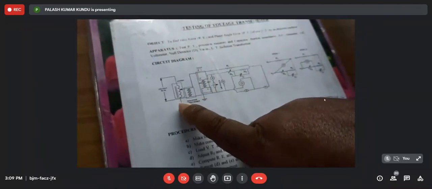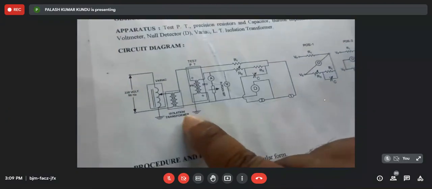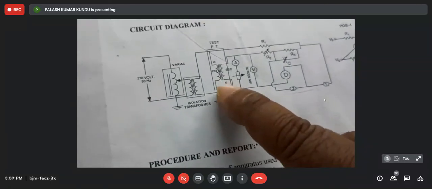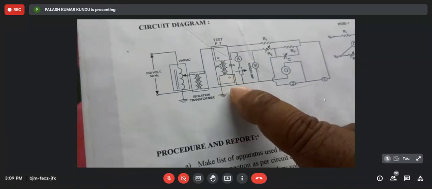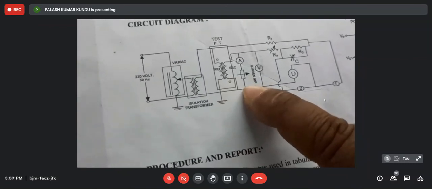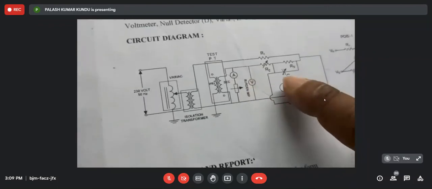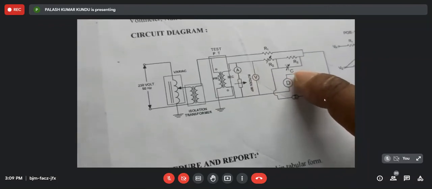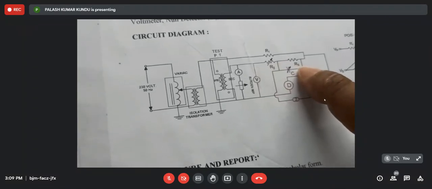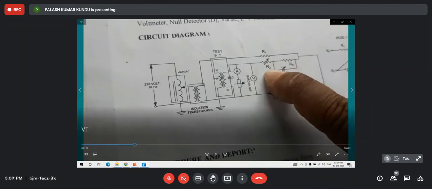At first the variac and then the isolation transformer, and now it is the test PT, primary and secondary sides, and connect a burden impedance. There are instruments ammeter, voltmeter, and three resistors and one capacitor here. R1 and R3 are fixed resistors. R2 is a standard decade resistor.